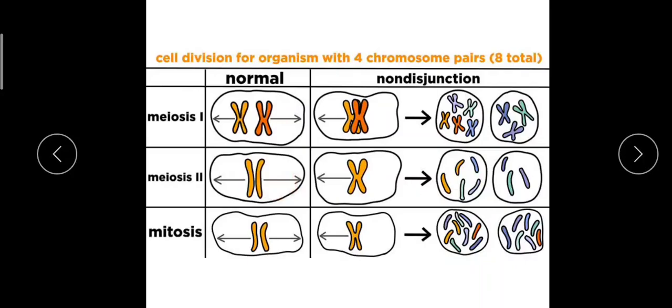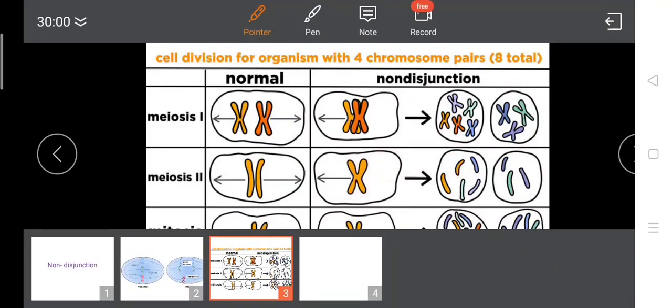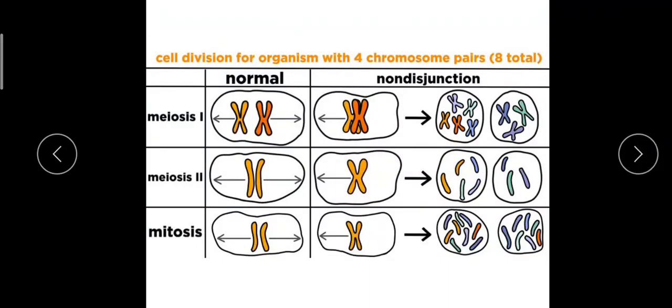So if at this stage non-disjunction occurs, then both of these sister chromatids will go to one daughter cell. The other daughter cell will not receive any representative of this chromosome. See, the result is seen here. Here the orange colored chromosome, both the sister chromatids are located in one daughter cell. The other daughter cell is not having any representative of this orange colored chromosome.